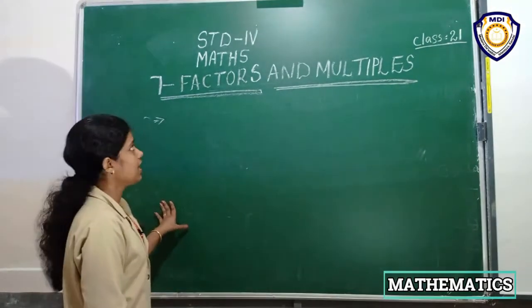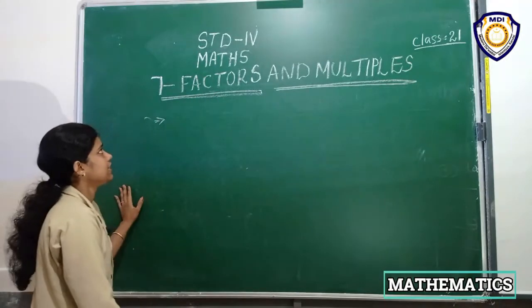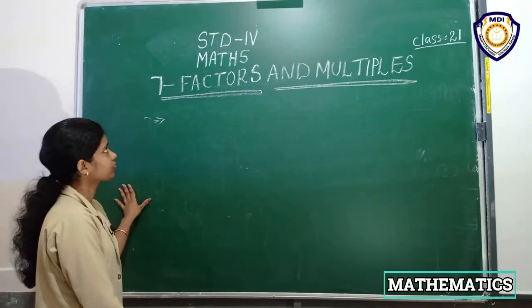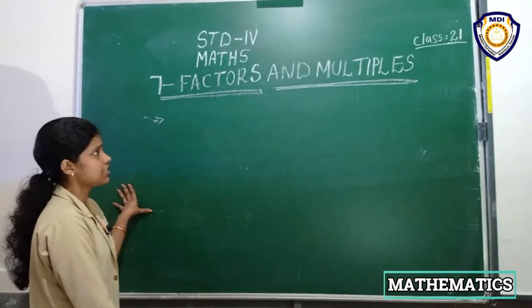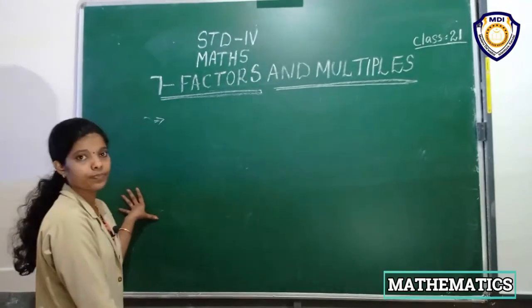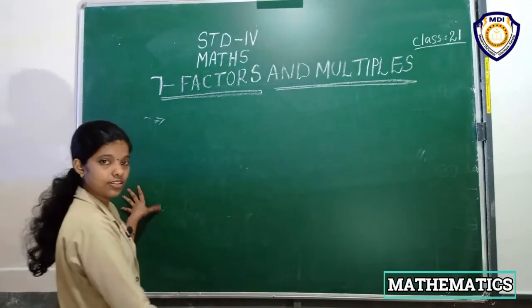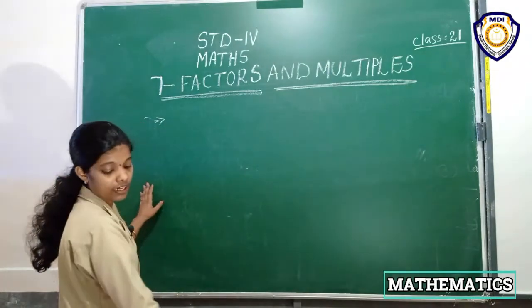All of you take your notebook and write the heading: Chapter 7, factors and multiples. Did you write? Then write multiples.